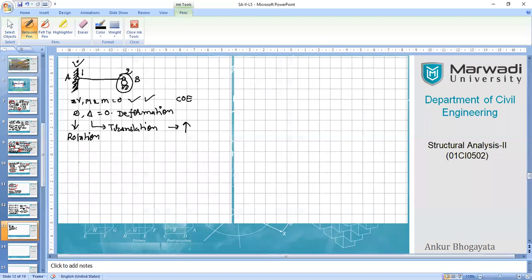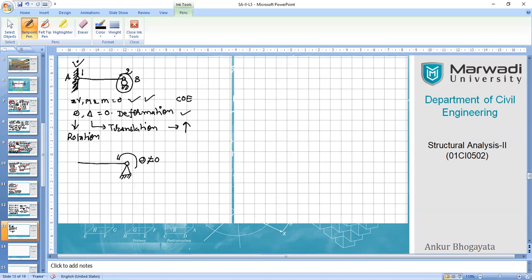For example, if I introduce a hinge at this joint or node, then according to the deformation requirements, what are the conditions available? So theta will be non-zero.